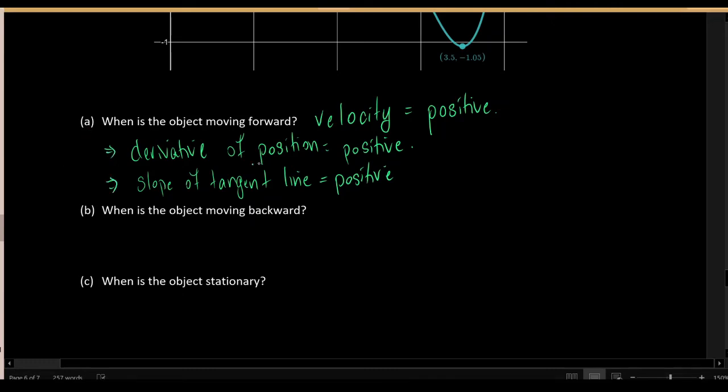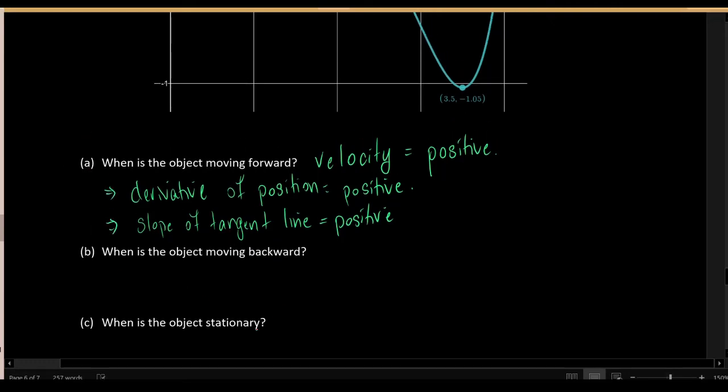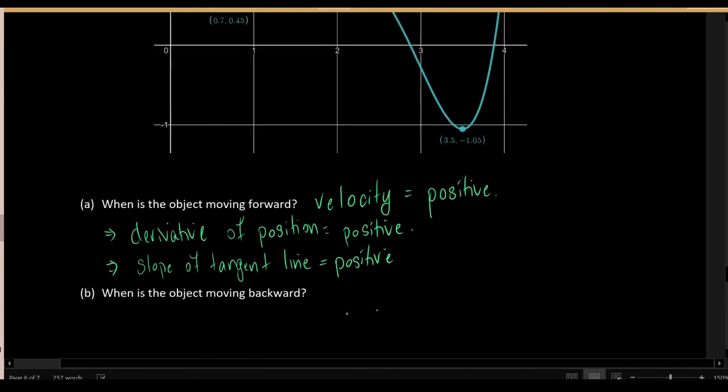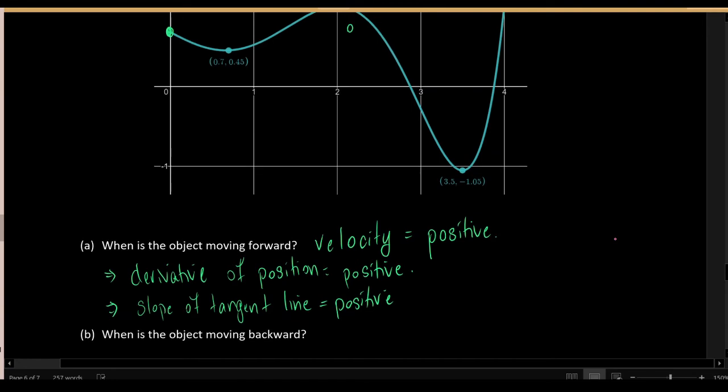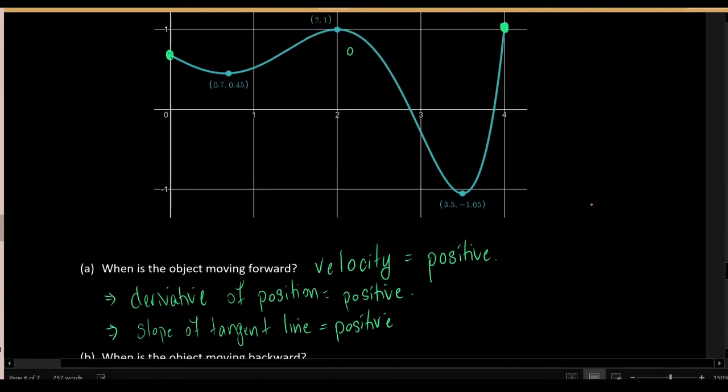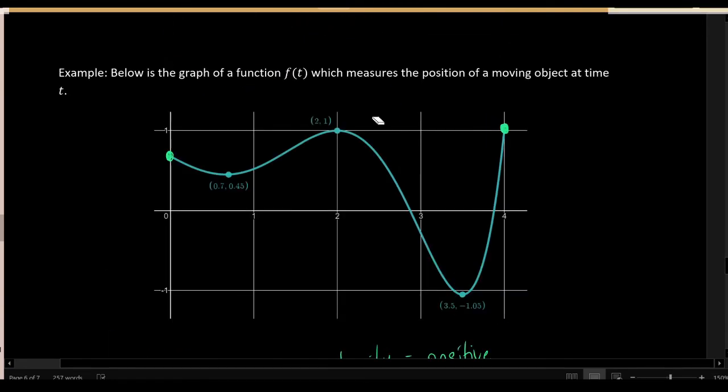So let's have a look on the graph and let's see if we can figure out during which times the graph was slanted upward, so that the slope of the tangent line, which is equal to the derivative, which is equal to the velocity, is a positive number. So here is our graph.